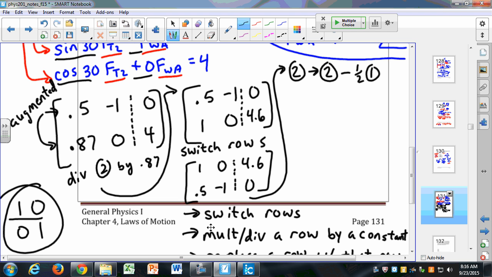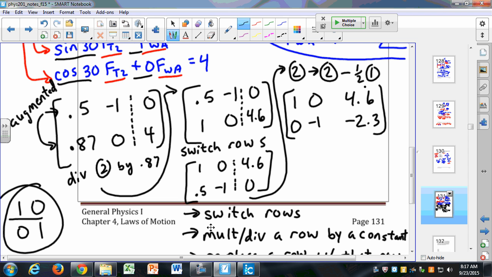I'm trying to get this 0.5 to go to 0. If I do 0.5 minus half of 1, that'll make this point 0. If I do negative 1 minus half of 0, we'll just leave negative 1. And if I do 0 minus half of 4.6, that'll give me negative 2.3. So I get 1, 0, 4.6, which remains the same, and 0, negative 1, negative 2.3.